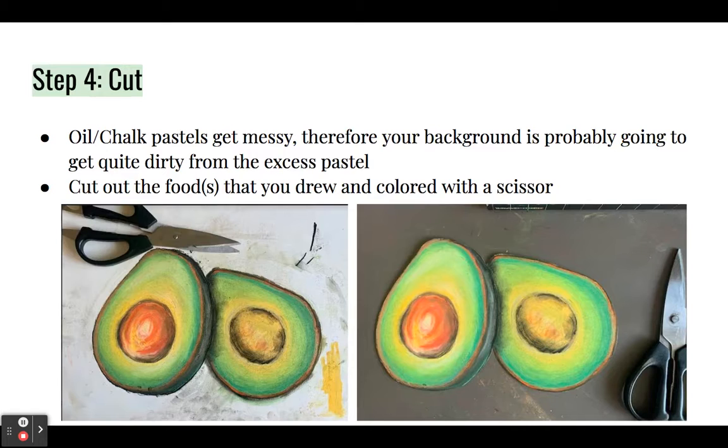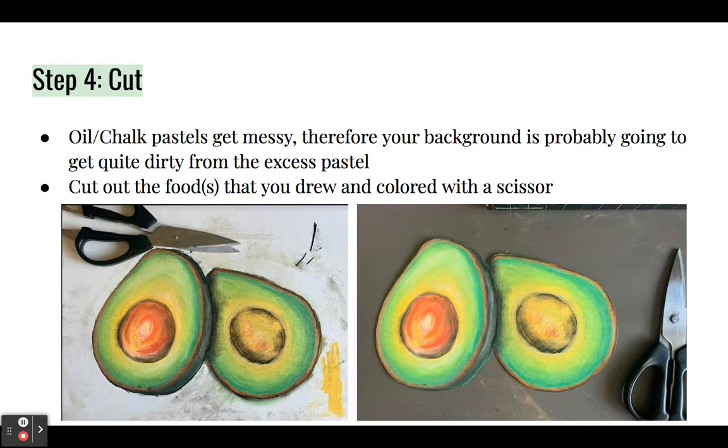Okay, so after coloring your entire piece of food, as you can see on the left-hand side of your screen, there is a lot of oil pastel and chalk all over the background of my paper. And that's okay, because what you're going to do is cut your fruit or your food out.